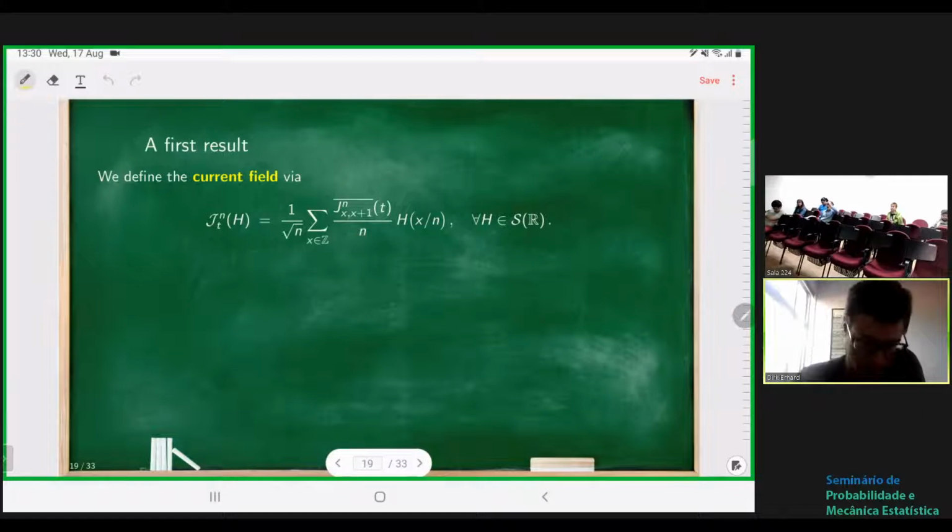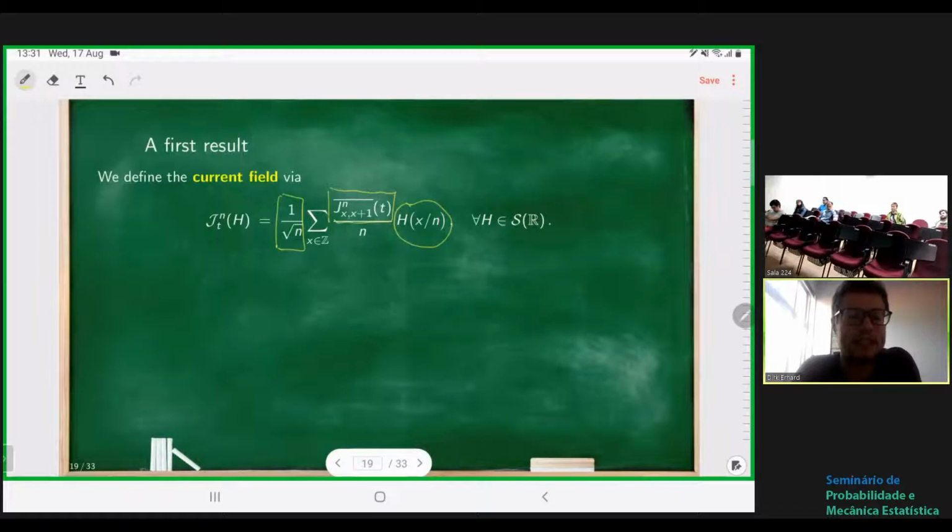We sum over all space points x, look at H evaluated at x divided by n, and multiply it by the centered current, this is the meaning of the bar, of the bond x, x plus 1, and divide by n. Why we divide by n, this will be clear in a moment. And this whole thing we divide by square root of n, which is essentially the number of points you really observe in the sum. If H has compact support, then the number of points in the sum would be of that order. So this is a global version of the current.